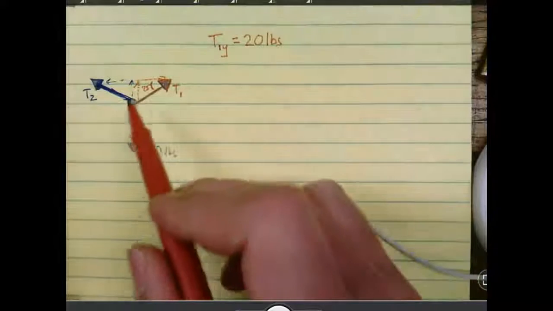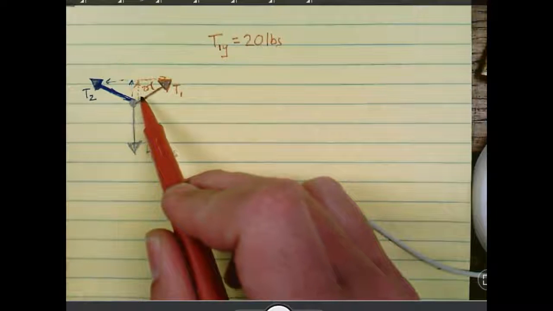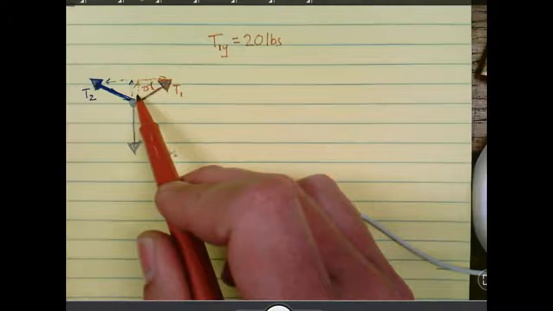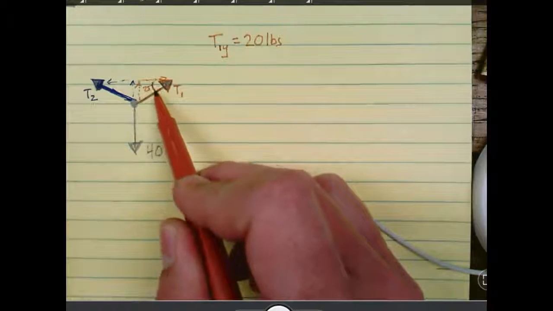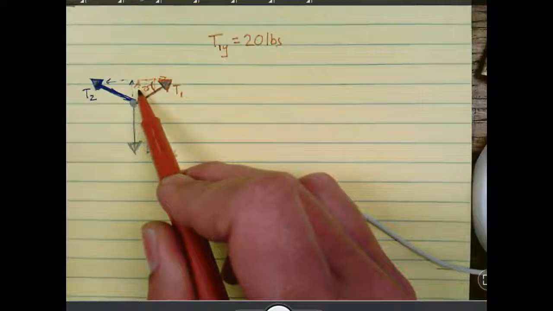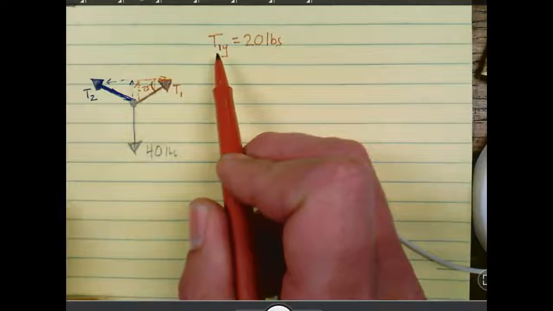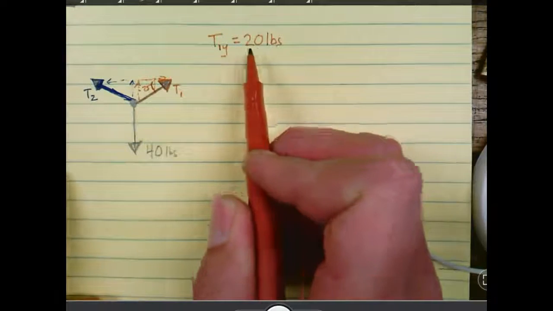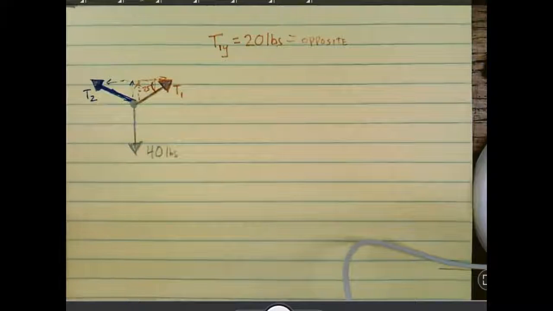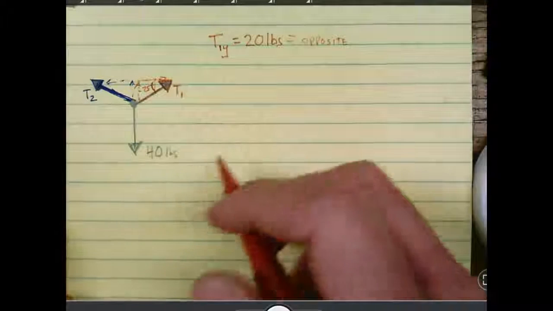Then we can think about T1 in the Y dimension, and using our trig functions, which leg of the triangle is this? Since this is the angle that we know right here, we can assume that this is the opposite side. So T1Y, which is supporting 20 pounds, is the opposite side. Thinking back to our formulas that we've established, and you can do this with your trig, or if you just know the formulas at this point, that's fine.